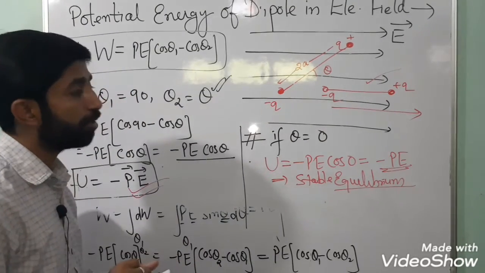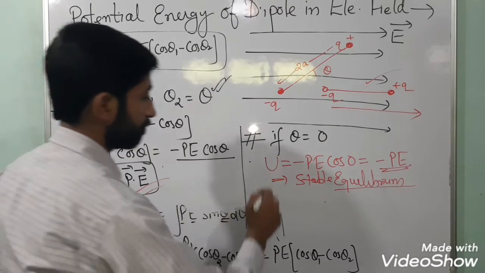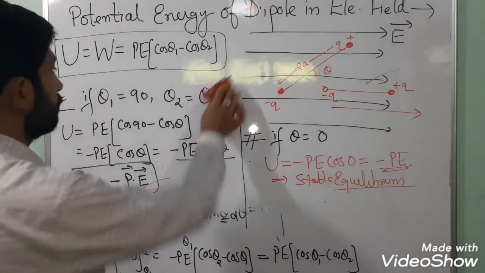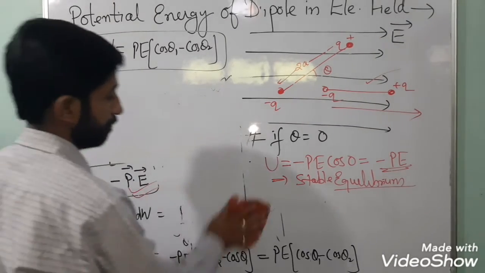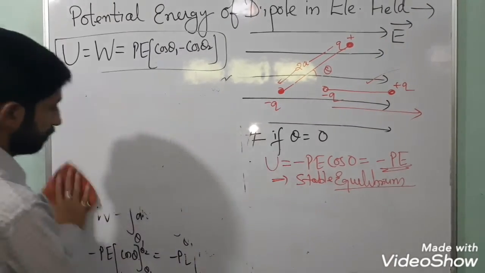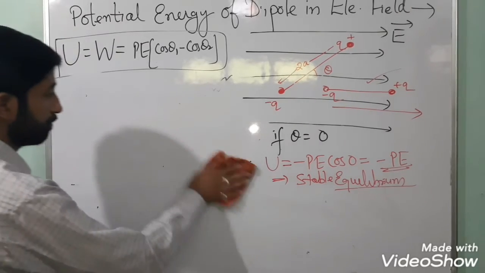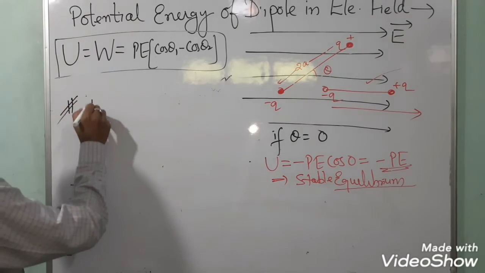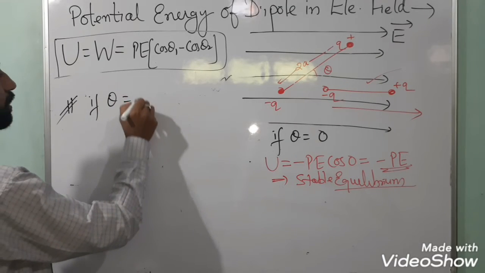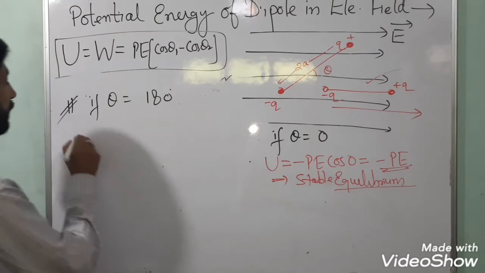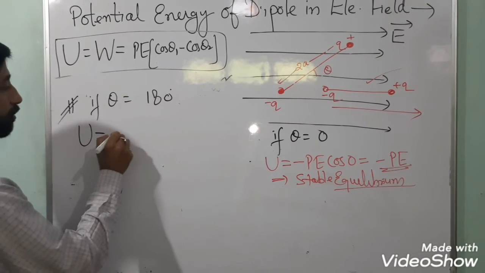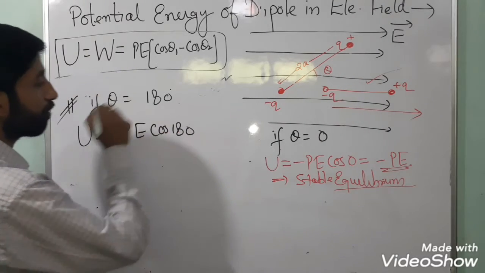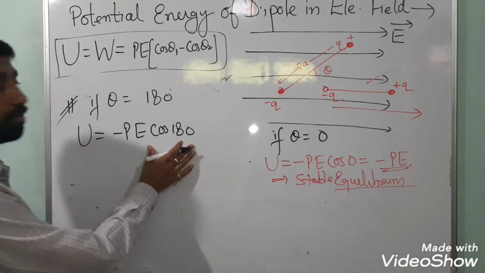Now if theta is equal to 180 degrees, then potential energy U equals minus PE cos 180, and cos 180 is equal to minus 1.